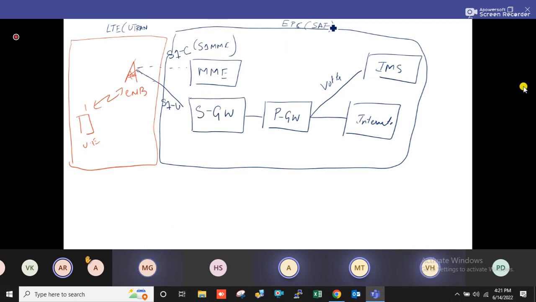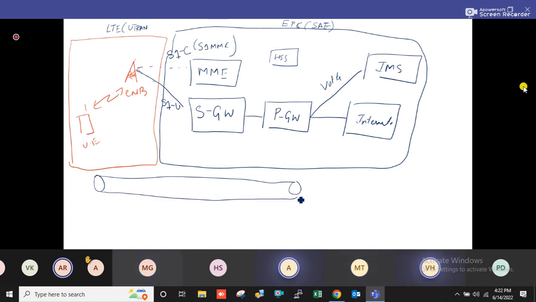Now what we have to understand here is, what does this bearer mean and what is the impact of this bearer. So we have something called HSS also here. I'm not writing that because HSS doesn't take care of much on the bearer side. So just to explain about the bearer, see, basically bearer means a connection, a logical connection from this mobile till the P gateway.